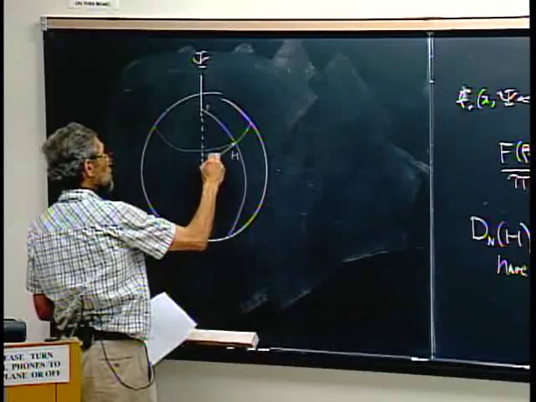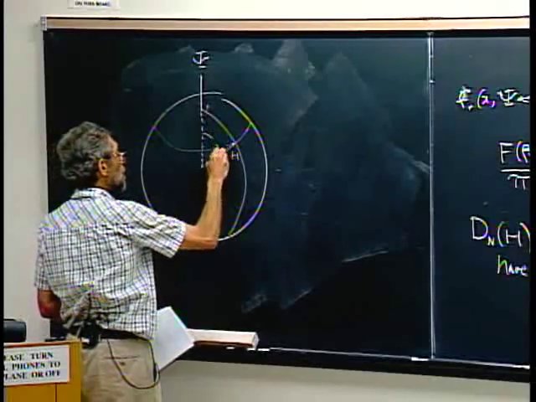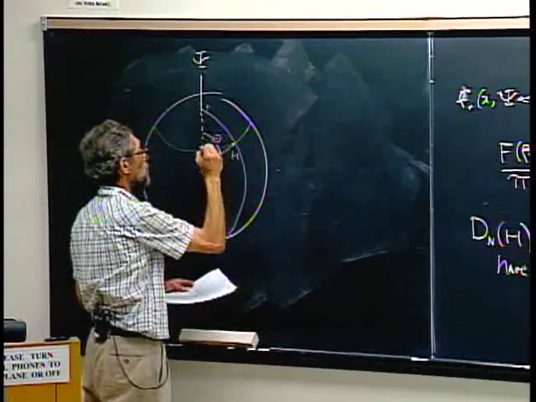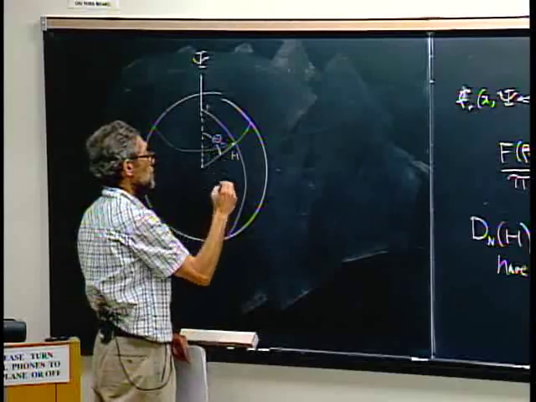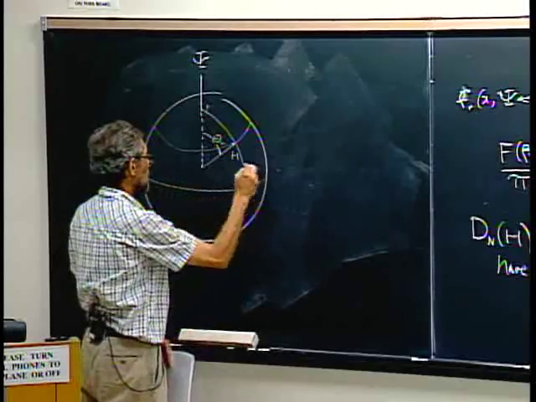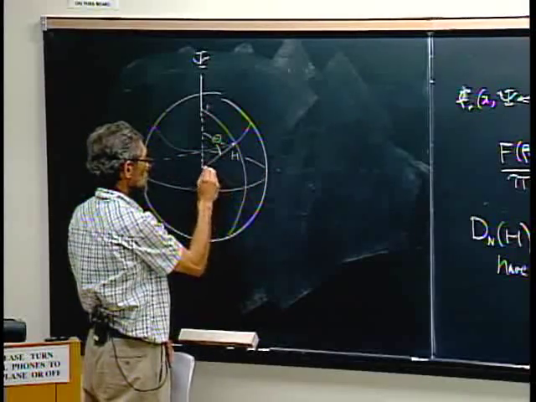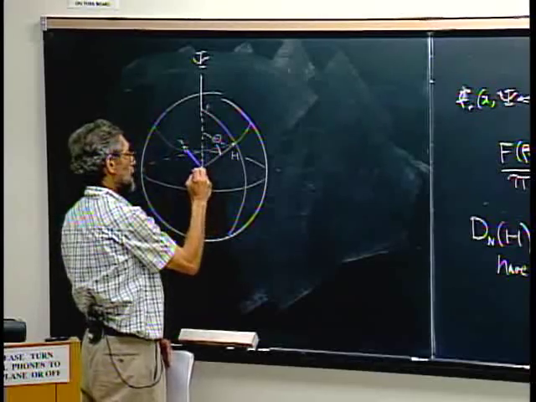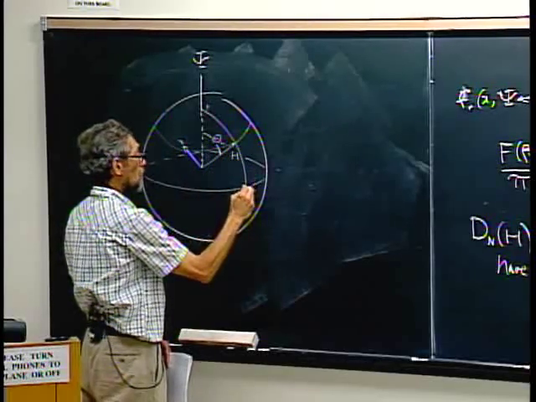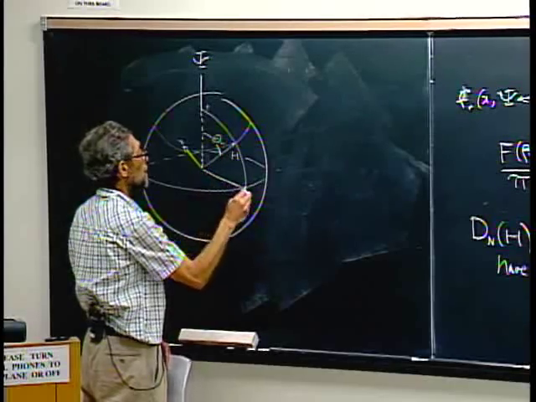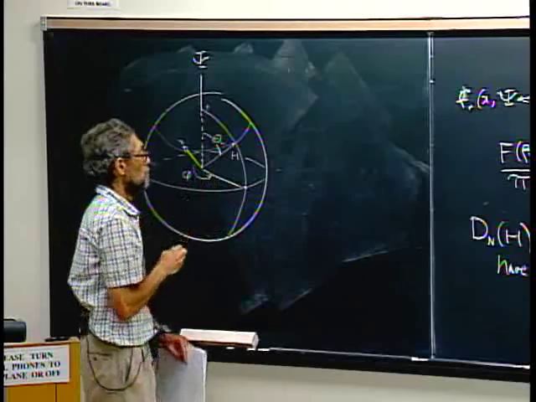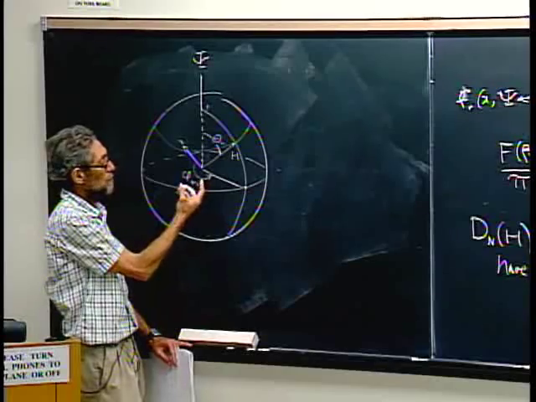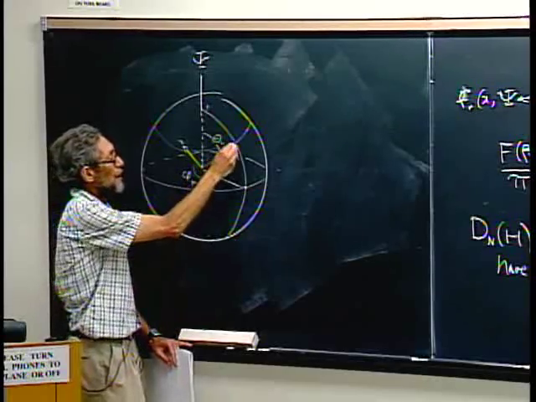Right? So this angle, what do I call this? I guess I can use theta and phi for the spherical coordinates. So this is theta for h. And if I project it down on the equator here, and say this is my x-axis on the equator, I have the projection of this arc here intersecting the equator, and I have some angle here which is the phi for h, on the equator, and those are my two spherical coordinates for h.